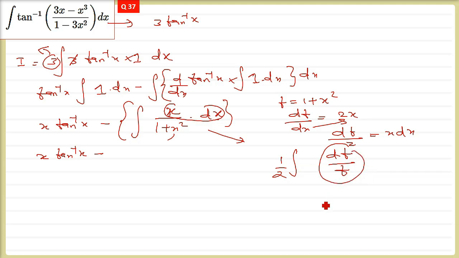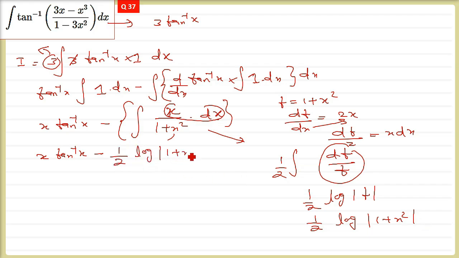It's just log modulus of t with half in front. And t will have to be placed as 1 plus x square. So the final result which we got is half log modulus of 1 plus x square. So I'm writing it here now.